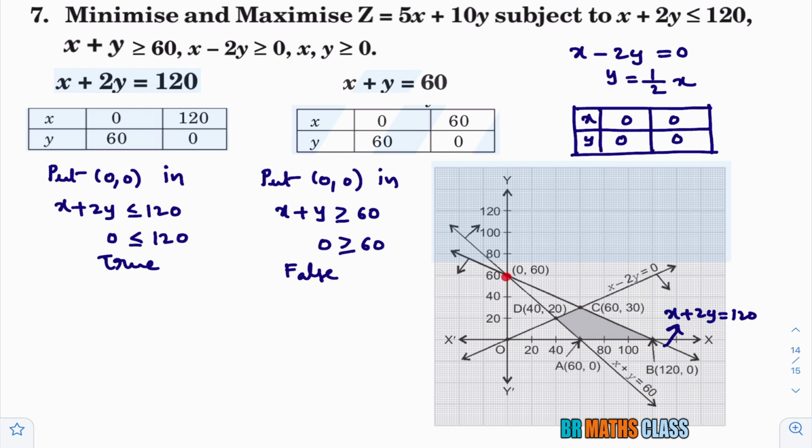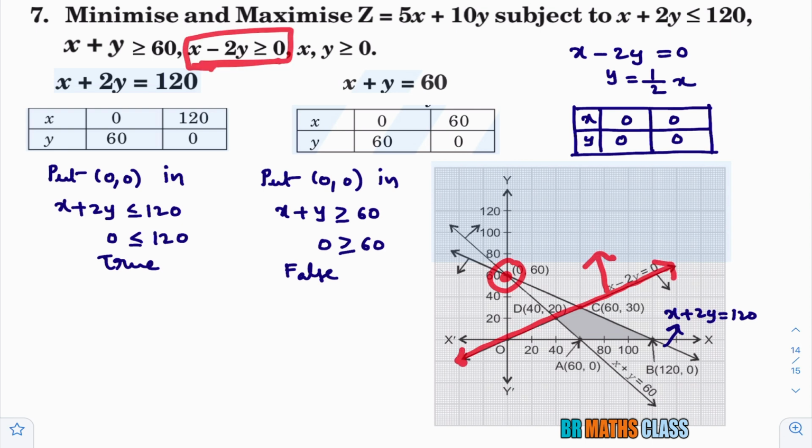You can take this point also, (0, 60). (0, 60) is clearly on one side of the line, this side of the line. You put (0, 60) in this inequality. If it is true, that side only we will shade. Otherwise, the other side we will shade. What I am trying to say is, when a line is passing through the origin, you need not worry.